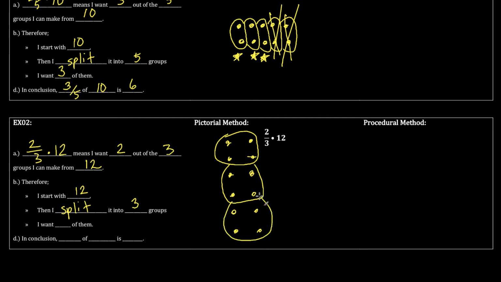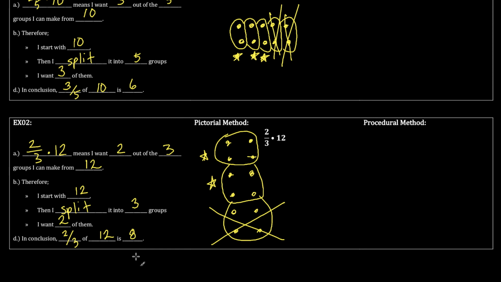Those are 3 equal groups, and I want 2 of them. I don't want this one right here. So in conclusion, 2/3 of 12 is 8.